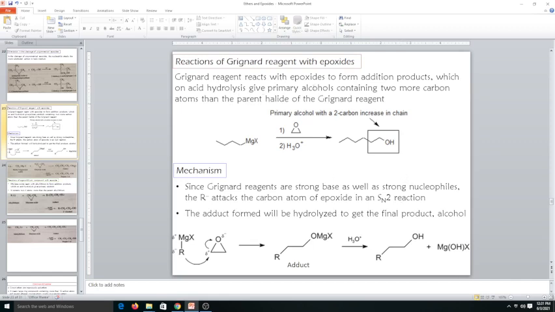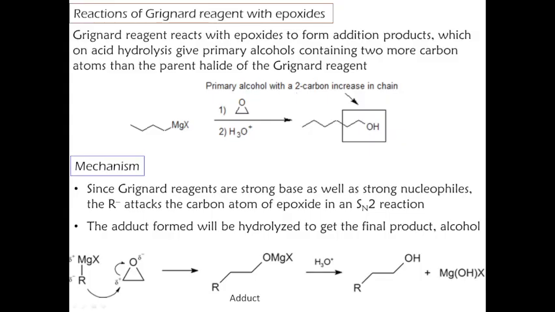Grignard reagent reacts with epoxides to form addition products which on acid hydrolysis give a primary alcohol containing two more carbon atoms than the parent halide of the Grignard reagent. So actually, as you know, Grignard reagent can be represented as RMgX.